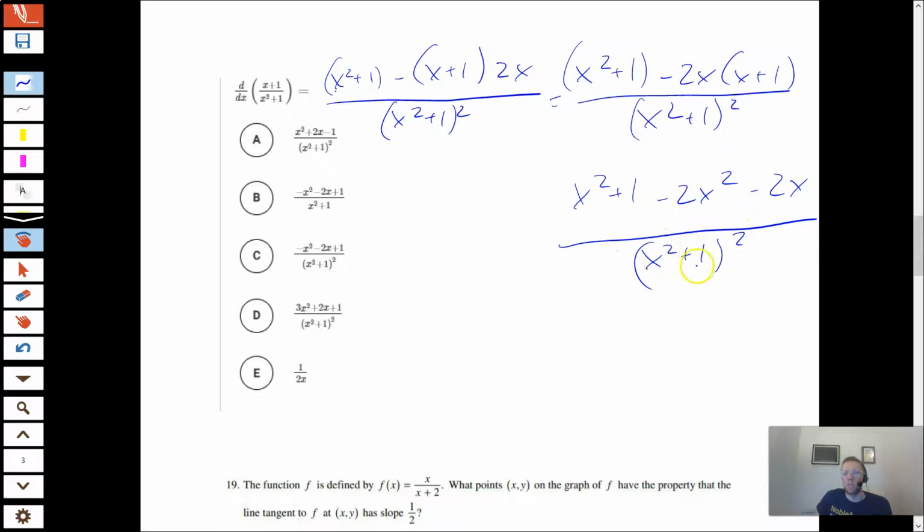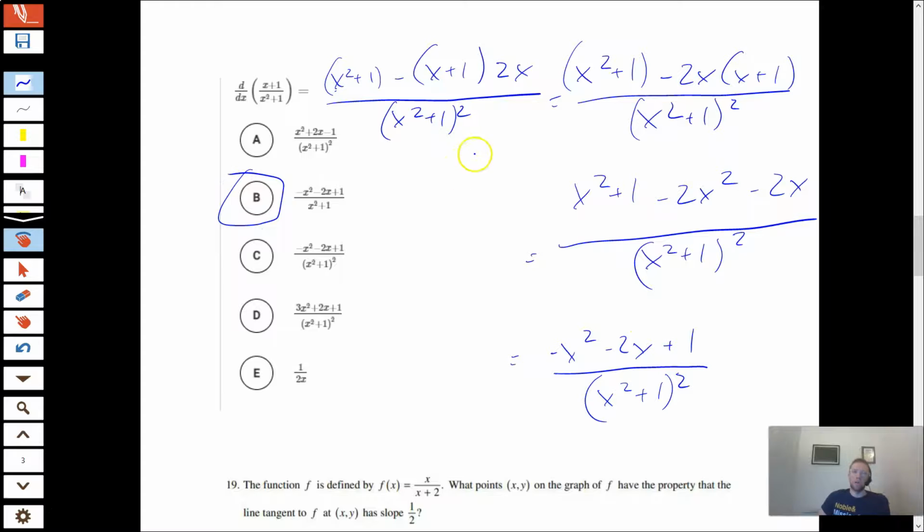And notice this shows up in a lot of my answer choices, so I'm not going to mess with that if I don't have to. I'm just going to combine like terms on top and cross my fingers. So on top, I'm going to get negative x squared minus 2x plus 1, and then x squared plus 1 squared. And that is choice B, so we're good to go.